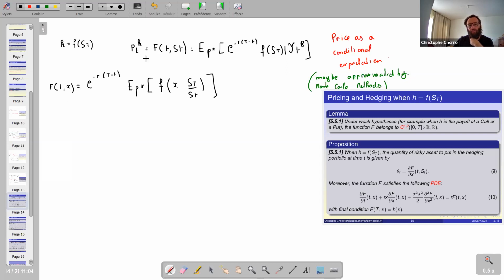And if I am able to compute this one, I will have this one at times more t, just plugging S_t in for the second variable. So here I have an expectation, this conditional expectation using the Markov property of the process of the risky asset, as I have seen in chapter 1. I can write it this way using the independence of the Brownian increments.